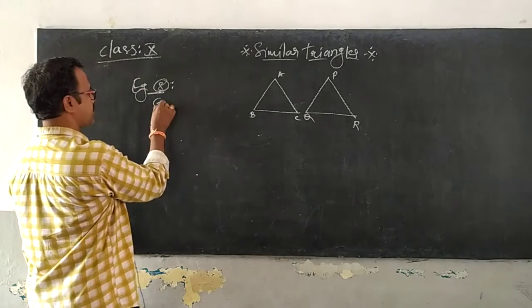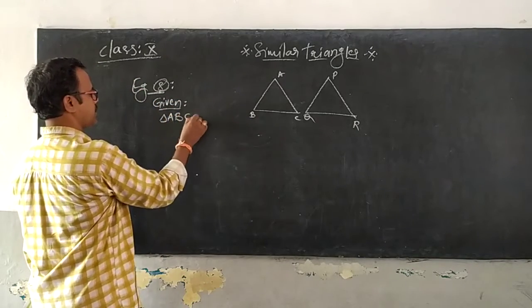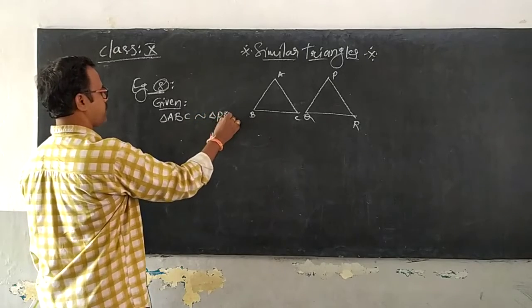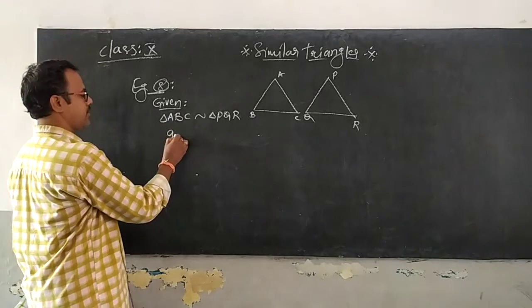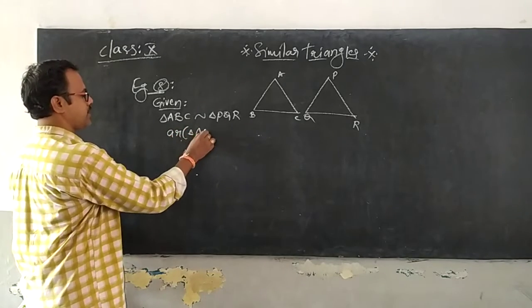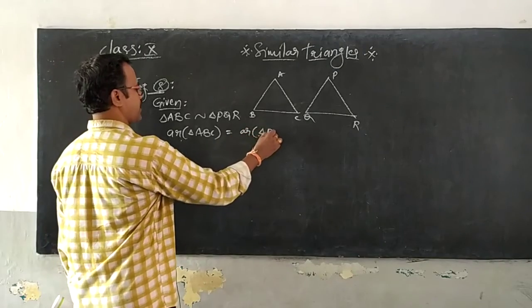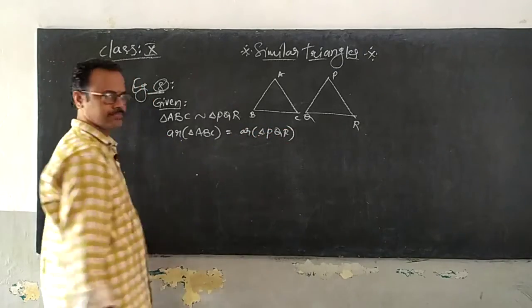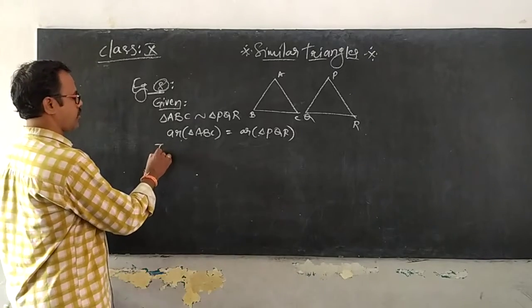Here, given triangle ABC is similar to triangle PQR. Also it is given that area of triangle ABC is equal to area of triangle PQR.